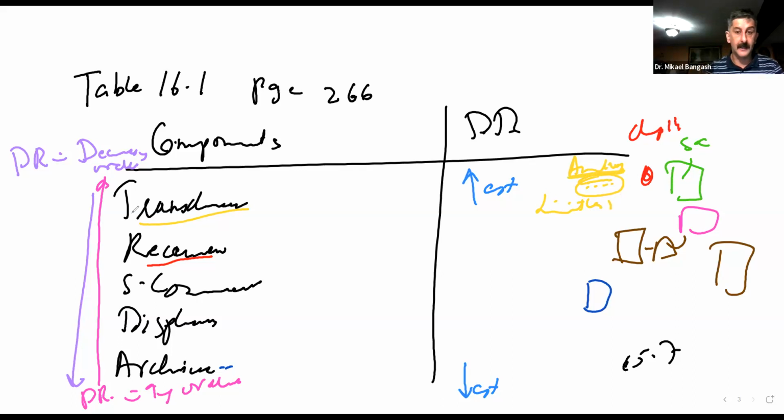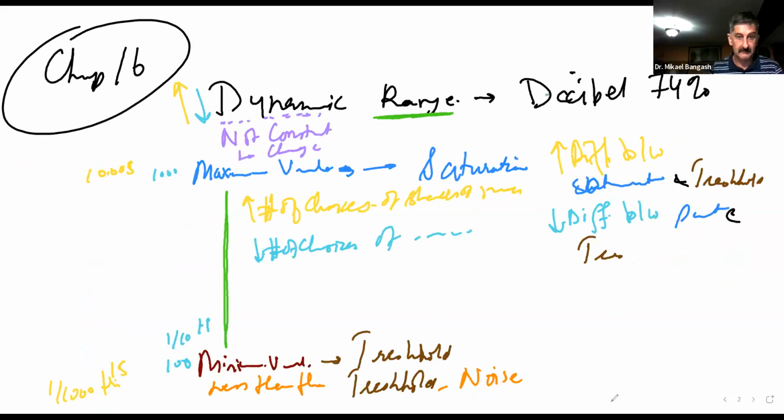Which mainly means here that the transducer is going to have the greatest dynamic range. Which means there will be a greater difference between the maximum and minimum. Maximum what and minimum what? Shades of gray.